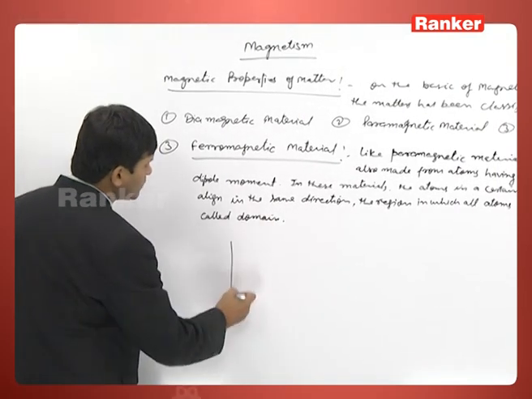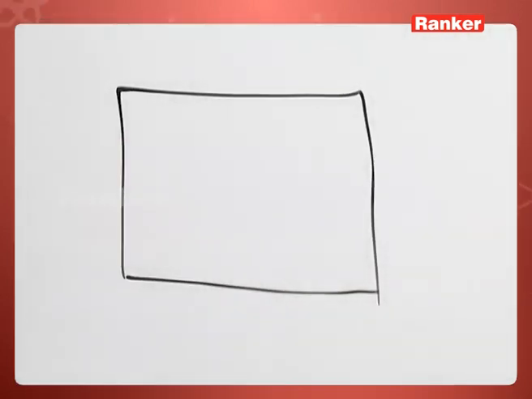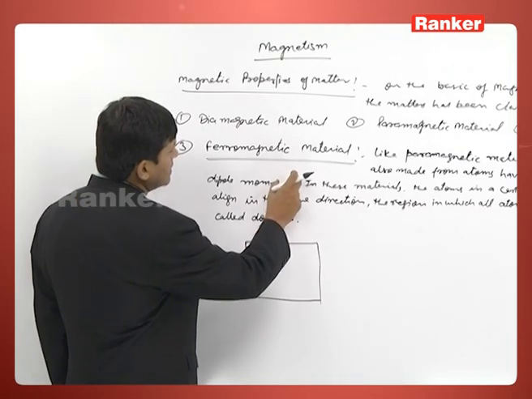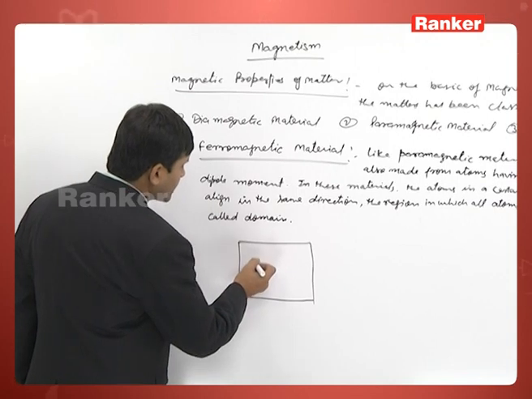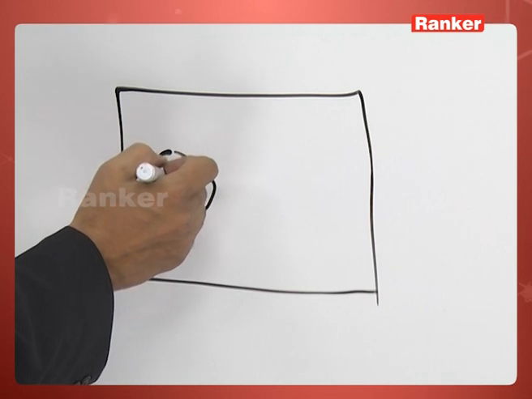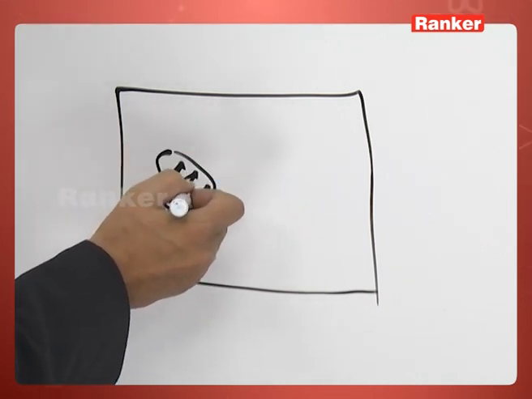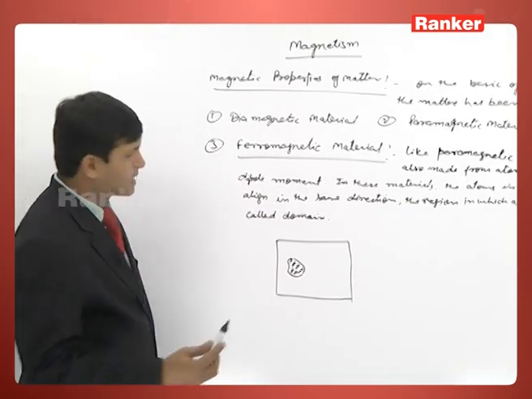Domain meaning is that suppose this is your complete ferromagnetic material. In this material atoms have dipole moment, but if we consider one small region, in this region let all atoms have their dipole moment in one particular direction.